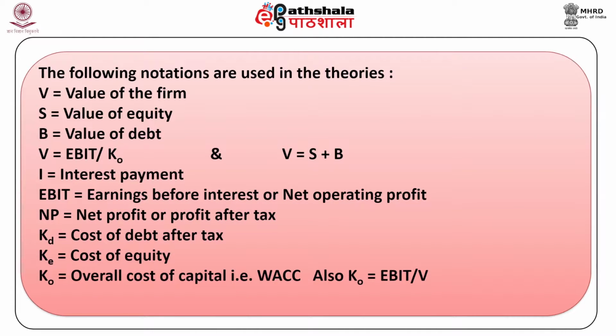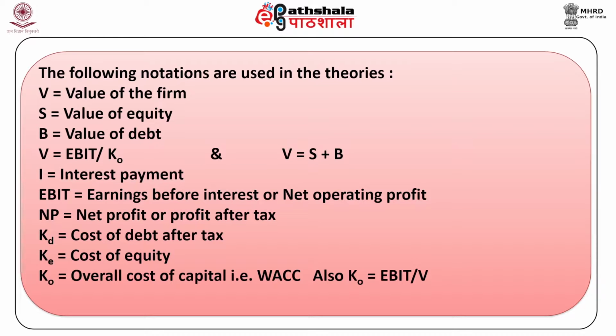While discussing these theories, the following notations are used. V is the value of firm, S is the value of equity, B is the value of debt. V is equal to EBIT upon KO and V is equal to S plus B. I is equal to interest payment, EBIT is equal to earnings before interest or net operating profit, NP is equal to net profit or profit after tax.